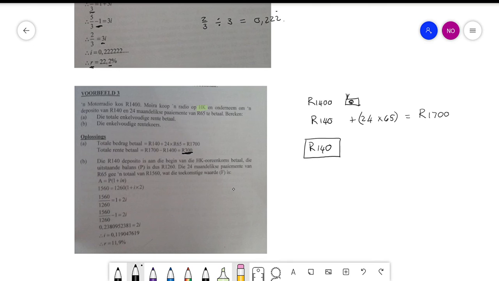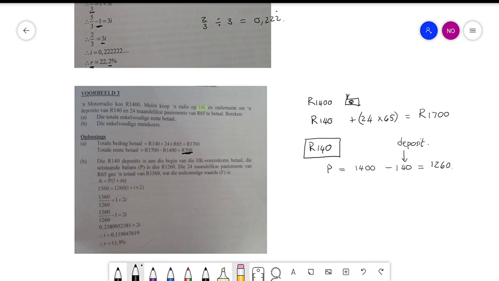So what they did is for the balance that you still have to pay, and this is basically the amount of money that you actually borrow in this case, or that you hire, is the 1,260 because you paid the deposit.